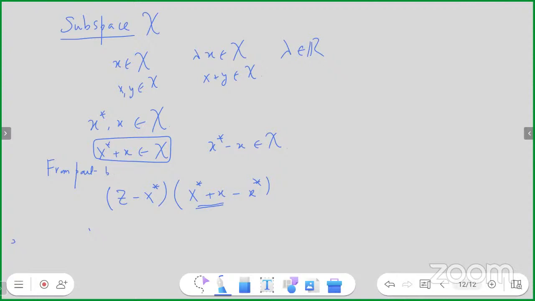Similarly, same thing, x star minus x star. This also. So what do I get? I get z minus x star times x is less than or equal to 0, and z minus x star times x is greater than or equal to 0.